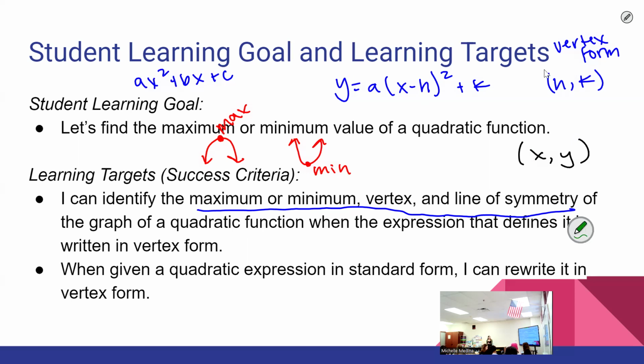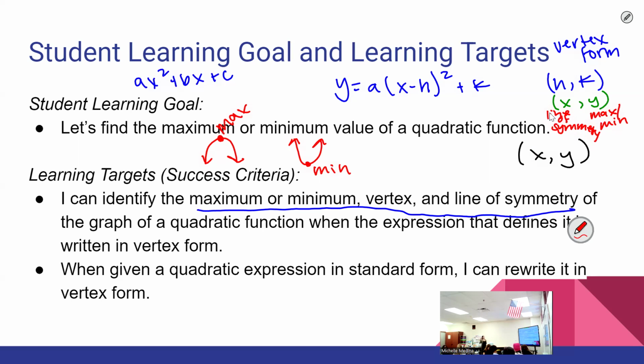So in your vertex, the y of your vertex is your maximum or minimum, depending on how it's opening. What is the x of your vertex? The line of symmetry. So those are things that you should be able to identify and then compare.